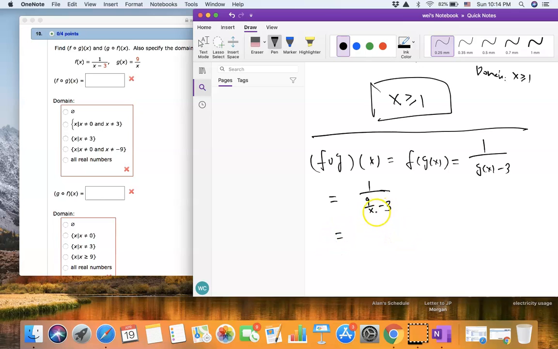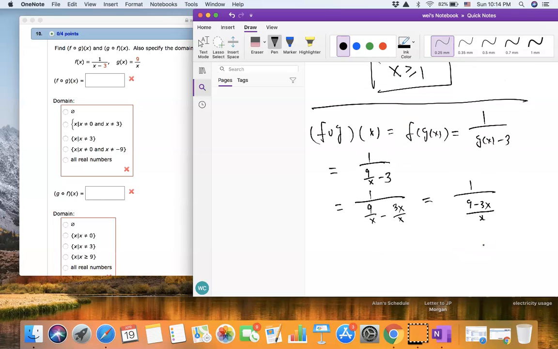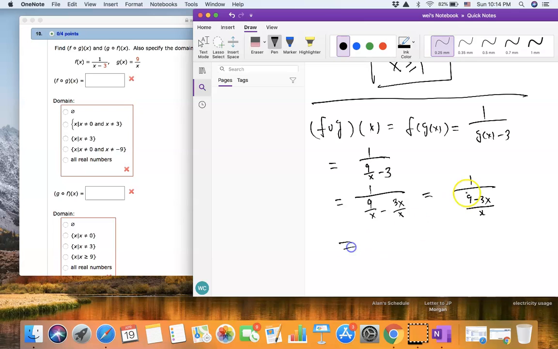Then let's simplify this function. First we write 3 into 3x over x. The reason I do this is to make both of them have the same denominator x. So we have 9 minus 3x over x, and 1 divided by (9 minus 3x over x).